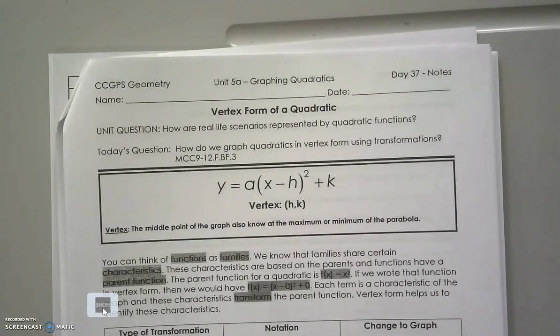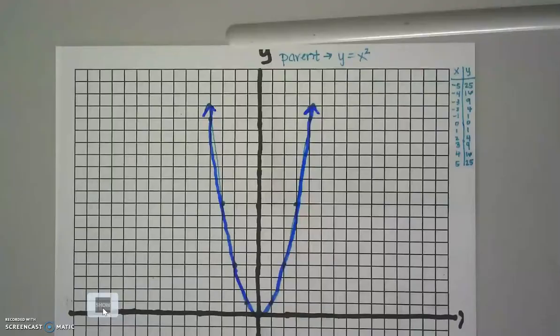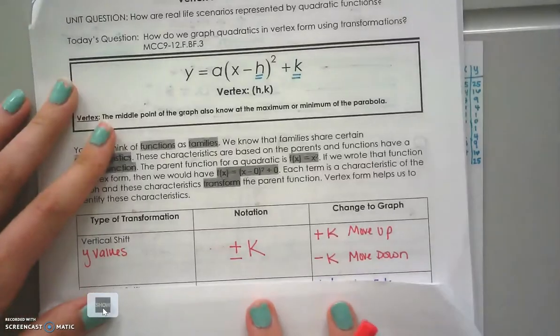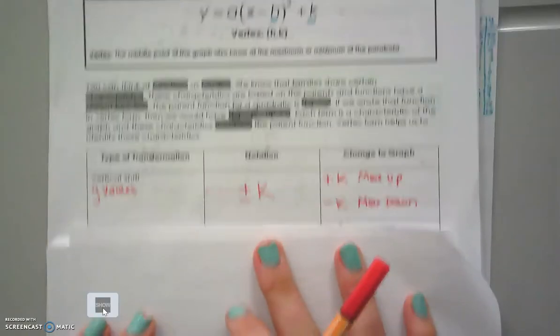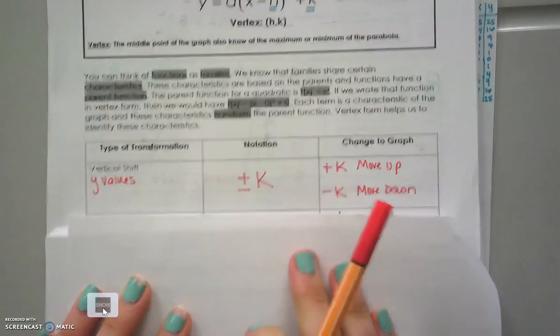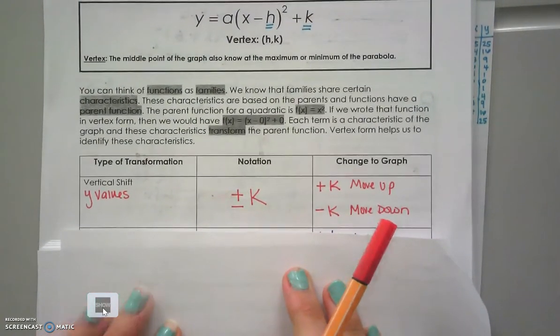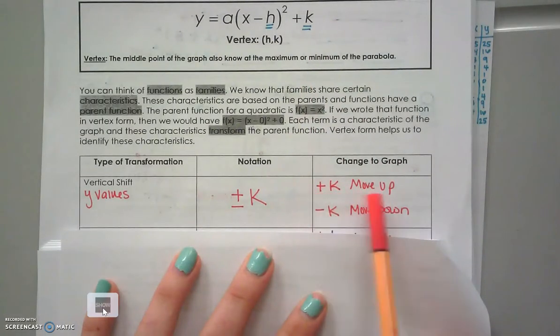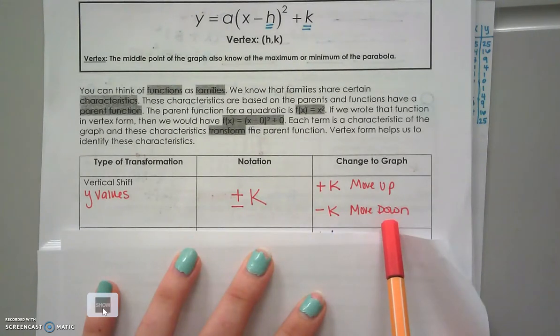I have some of these filled out already, so let's look at it. When I have a vertical shift, that's affecting my y values, and it's the k value of this equation. If I have a positive k, I'm moving up. If I have a negative k value, that's telling me to move down.